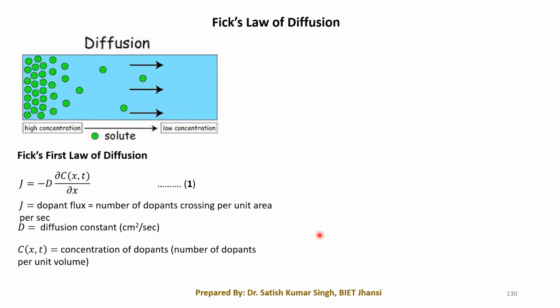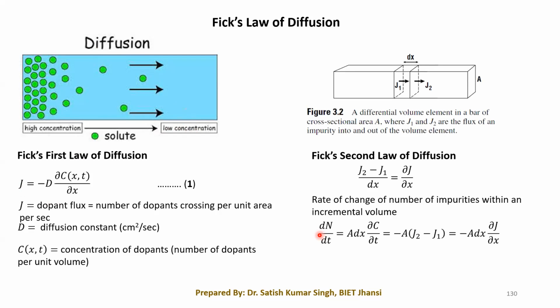Now Fick's second law relates the diffusion process in space and time. Here we have written the dopant flux as dopants crossing per unit area per second.